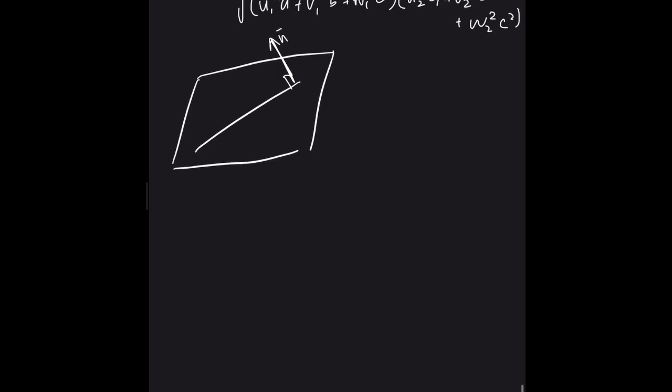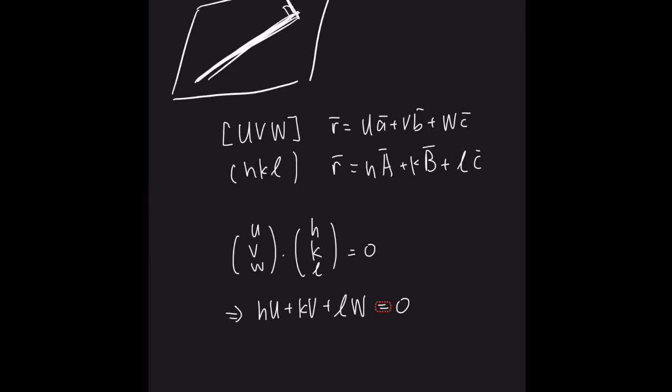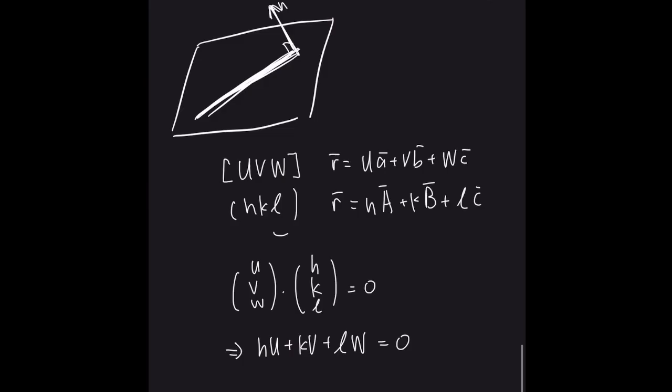So if we have a lattice direction vector, let's say UVW, we represent this direction vector as R equals UA plus VB plus WC, and then the Miller index will correspond to something like this: R equals H times big A plus K times big B plus L times big C. You don't really need to bother about what big A, B, and C are, but they're kind of like the opposite of small a, b, and c.